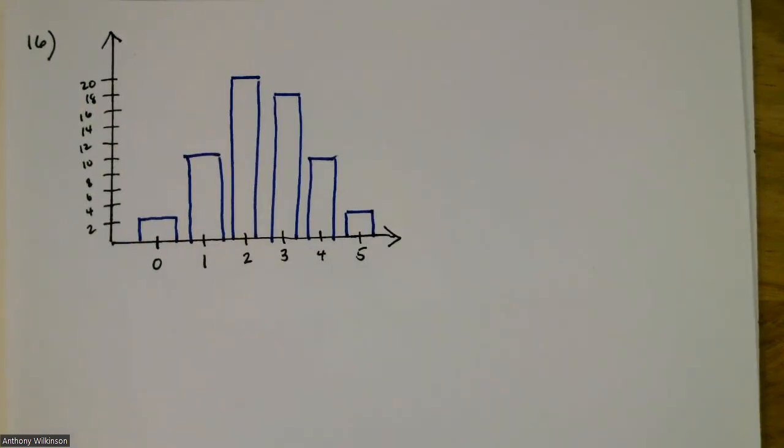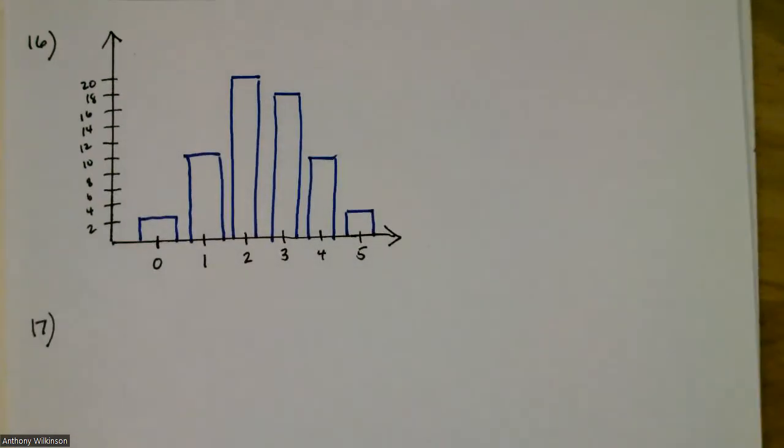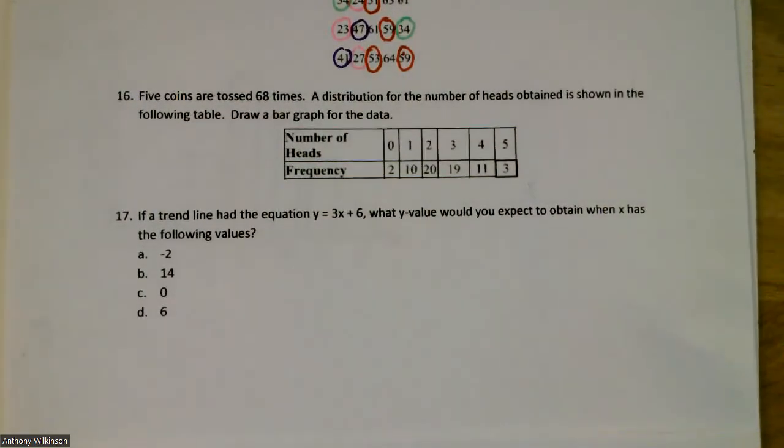All right, number 17. If a trend line had the equation y equals 3x plus 6, what y value would you expect to obtain when x has the following values?